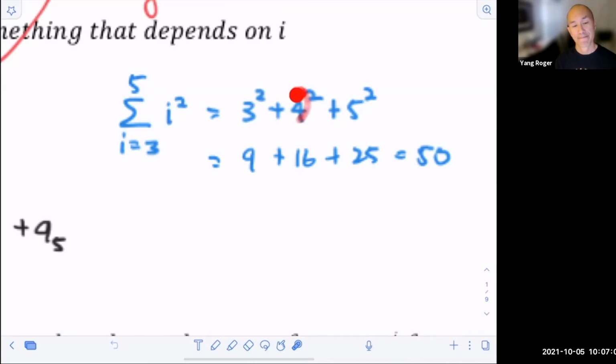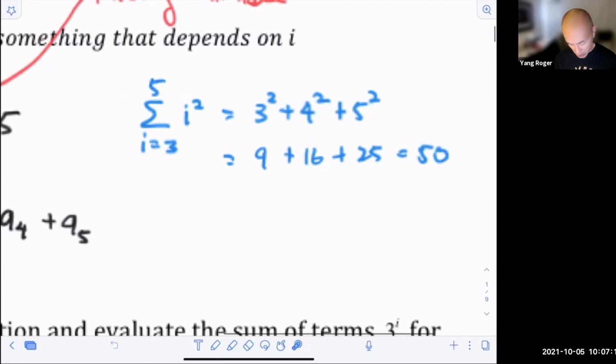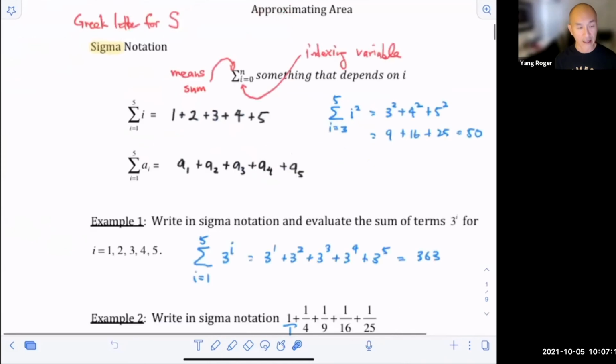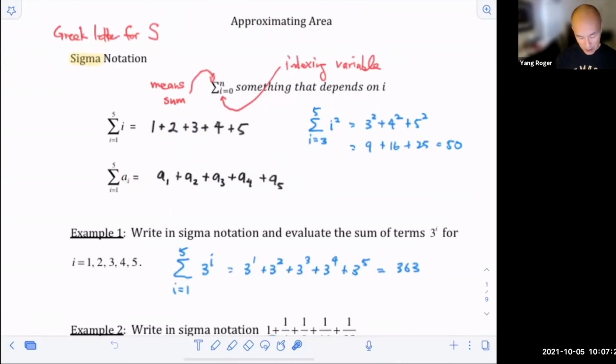Then we just add those results together. If I wanted to do it in general, I could just call it a sub i, some sequence of numbers. Then as i goes from 1 to 5, we're just going to get a sub 1, a sub 2, a sub 3, a sub 4, a sub 5. We add them together.